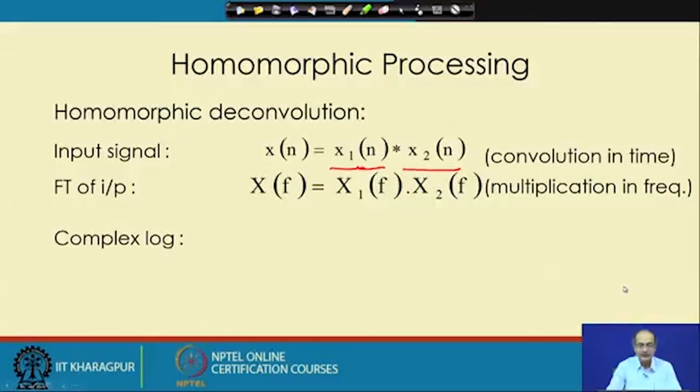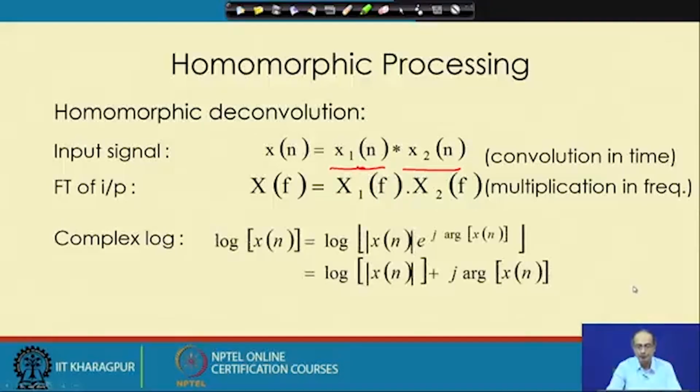Here, to separate these multiplicative components, we need to take the complex log of the complex quantity x n. If we have taken the log, then we can separate the real and the imaginary parts of it: the real part would be the log of the absolute value or the modulus, and the imaginary part would be the complex angle.